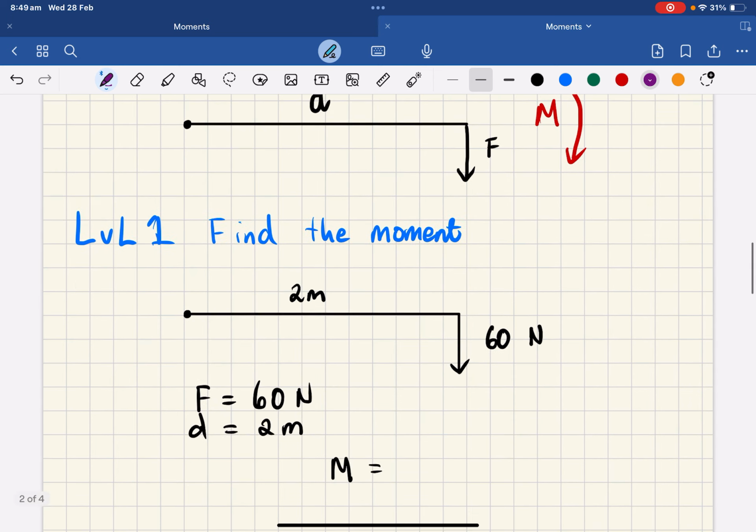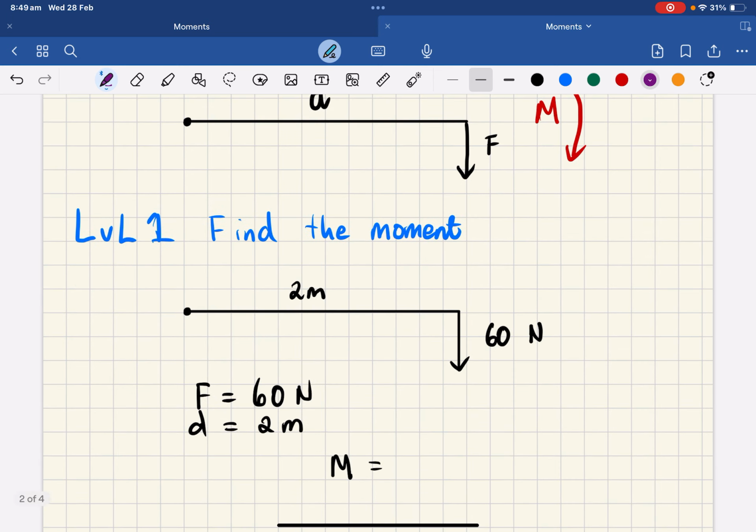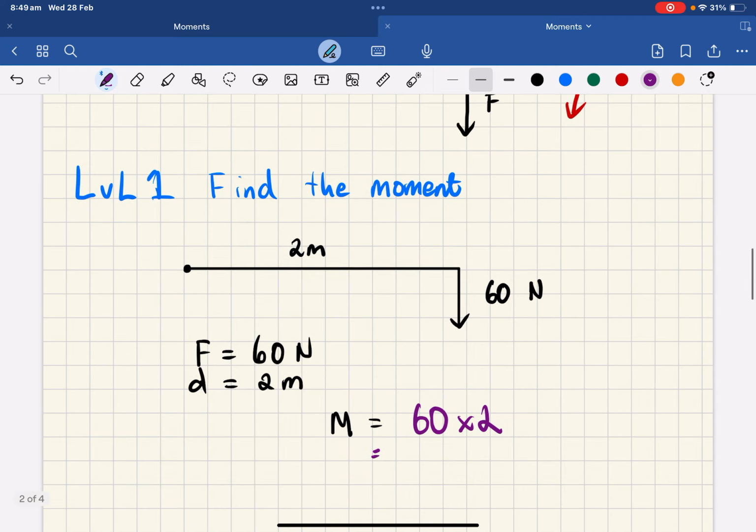We've got a distance of 2, we've got 60, so it's going to be 60 times 2, which is going to be 120 Newton meters. Now, with moments, again, it's a vector, so as we're pulling it down with 60 newtons of force, our moment is going to be positive when it's going clockwise.